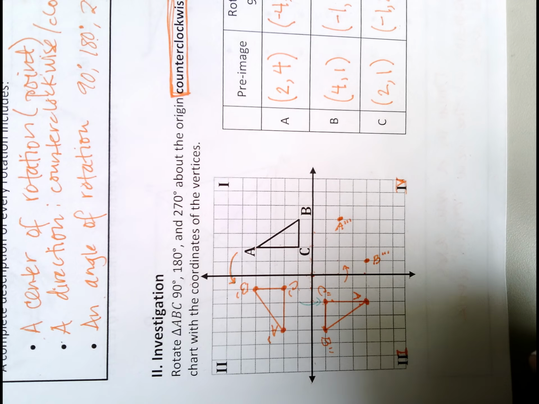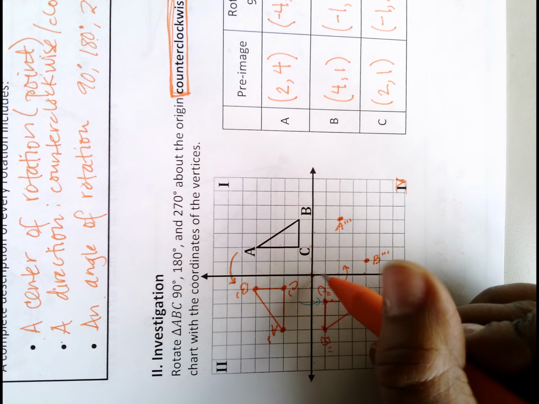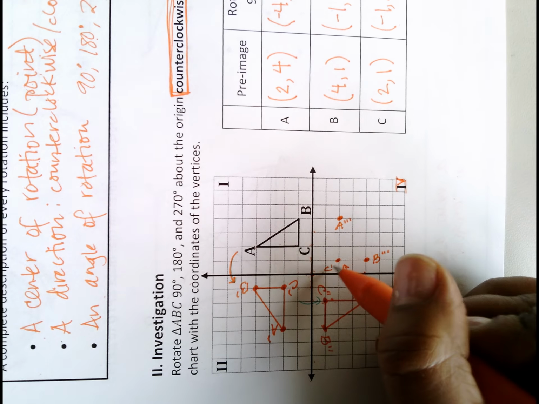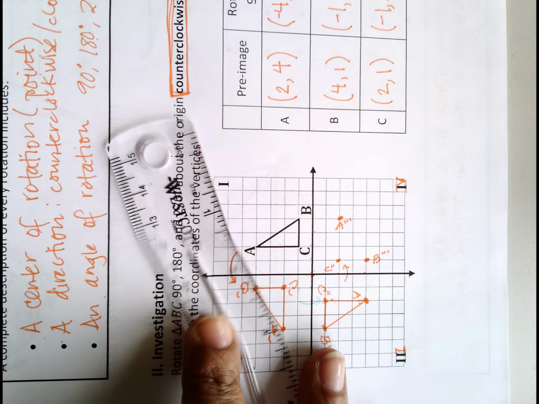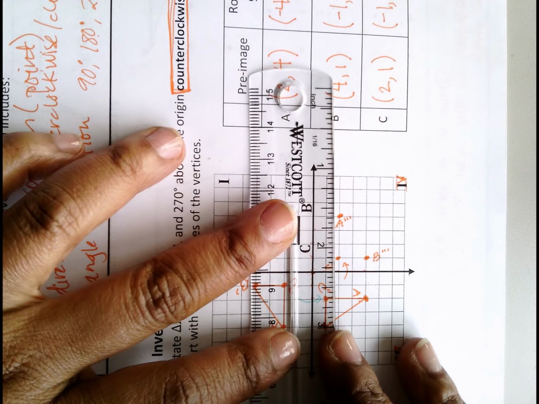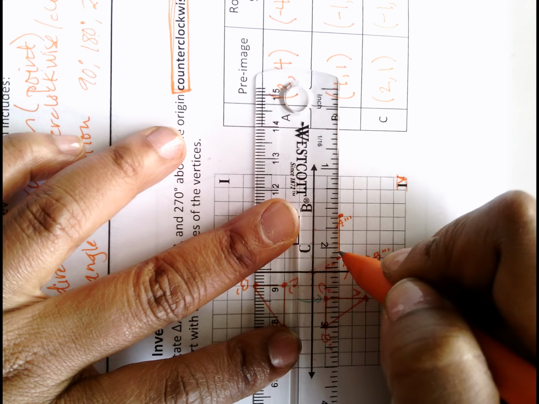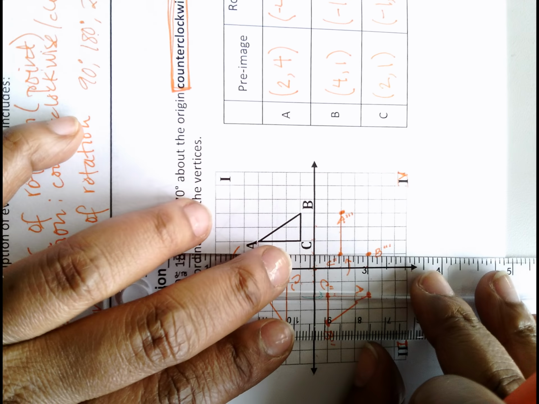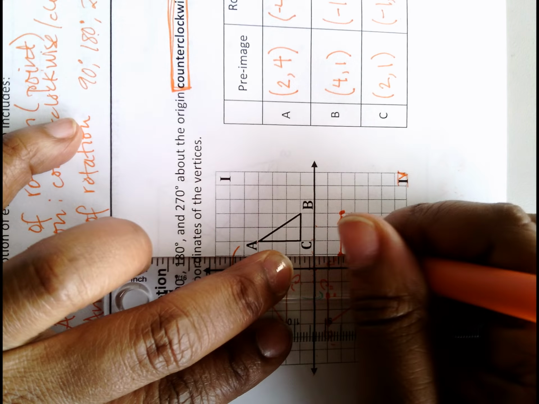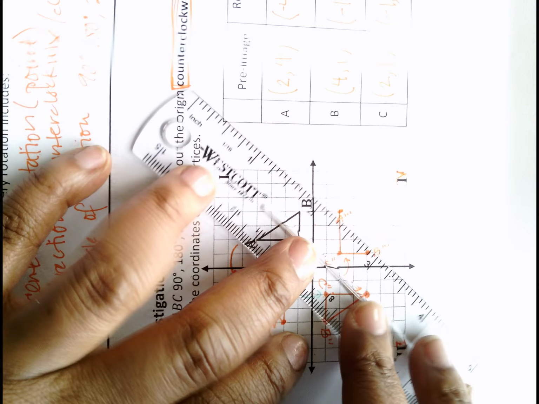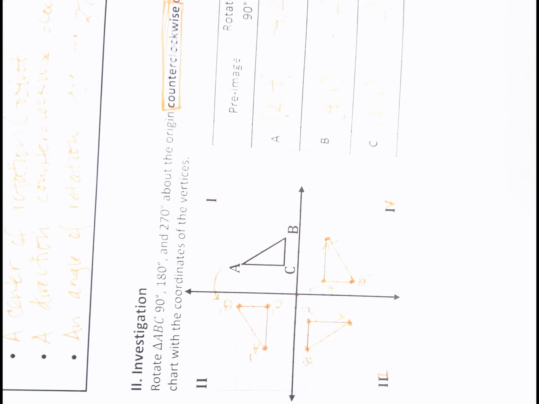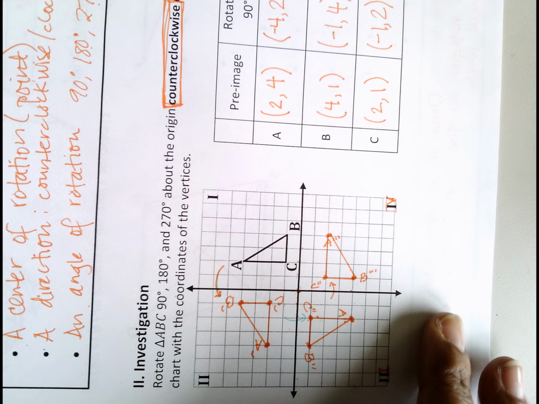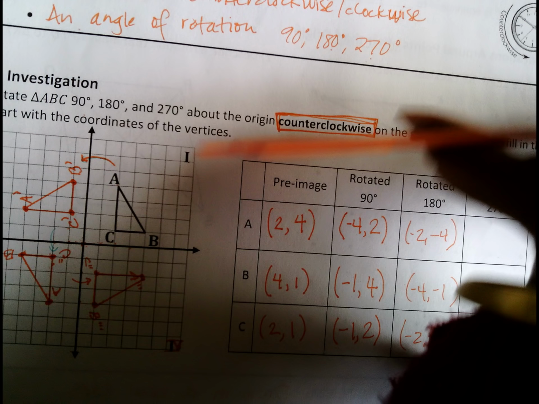And then 2, 1, that's going to be C, 1, 2, C triple prime. Okay, and then connect them up. All right, and then let's turn it back to its original position and then read the coordinates.